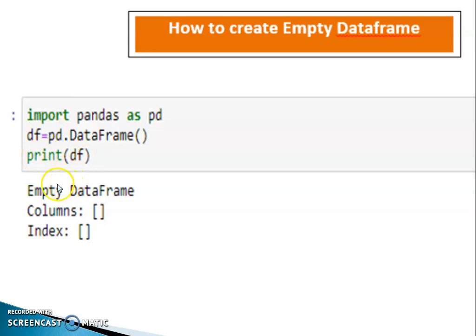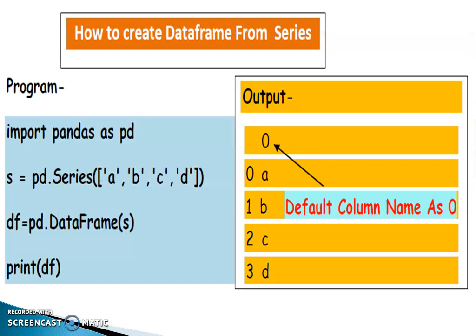We will get the output as Empty DataFrame, Columns: [], Index: []. Okay, we created the empty data frame by using this DataFrame function. From this function, you can identify D and F are in capital letters. Okay, clear?